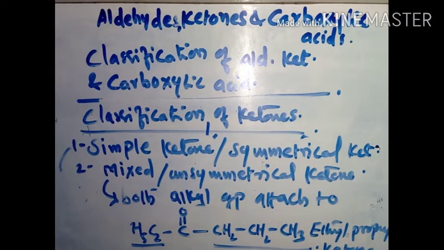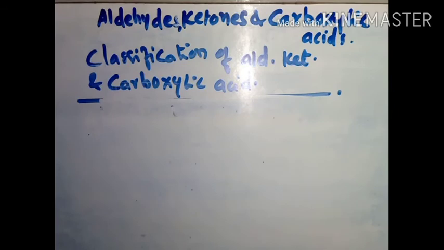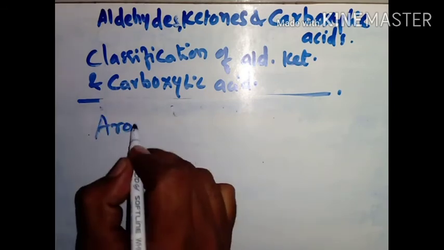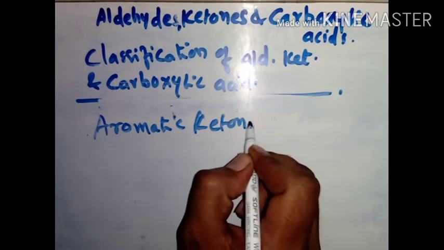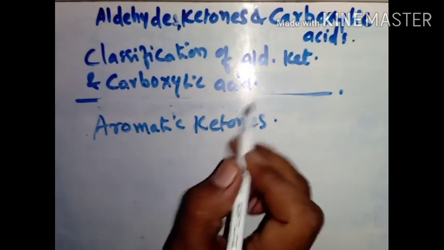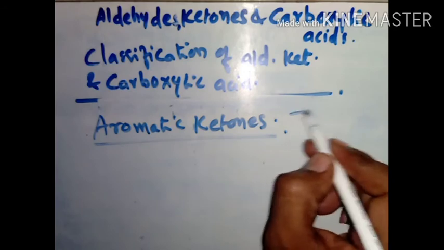Now aromatic ketones. What is the definition? A compound in which a carbonyl group is attached to either two aryl groups or one aryl and one alkyl group is called an aromatic ketone.